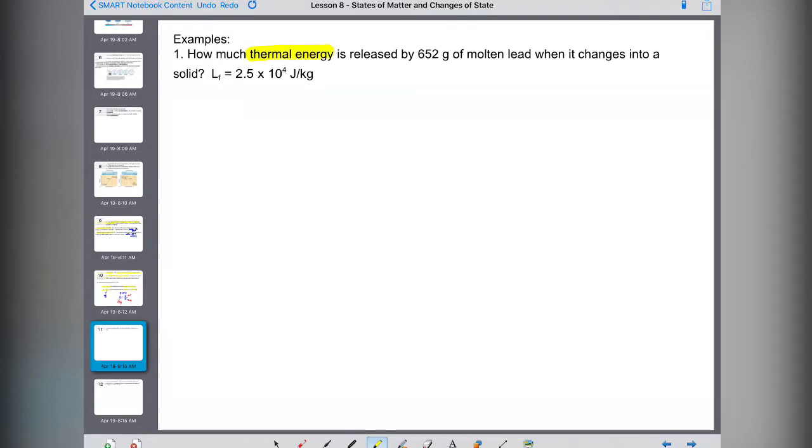Number 1. How much thermal energy, which is Q, is released by 652 grams of molten lead, meaning in liquid form, to change into a solid? So this involves a change of state, and they tell you that the latent heat of fusion is 2.5. So they want you to find Q, and the mass is 652 grams, so that means 0.652 kilogram.